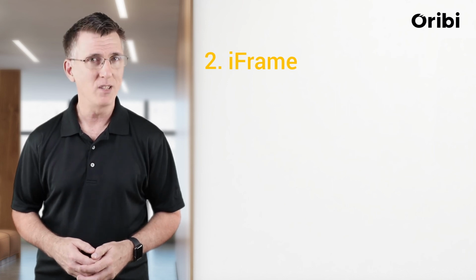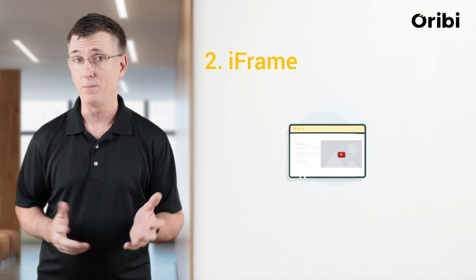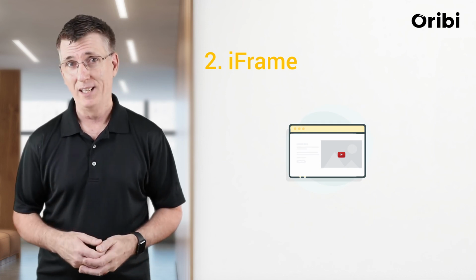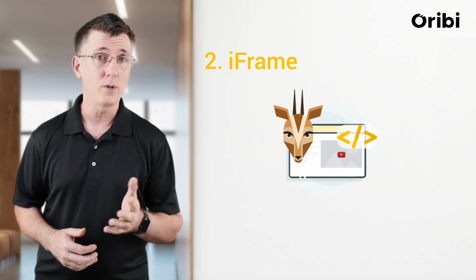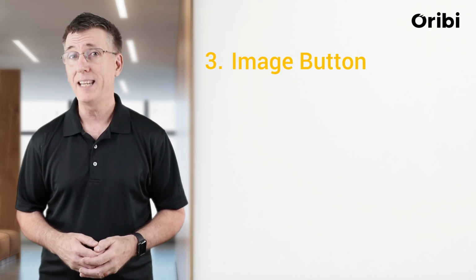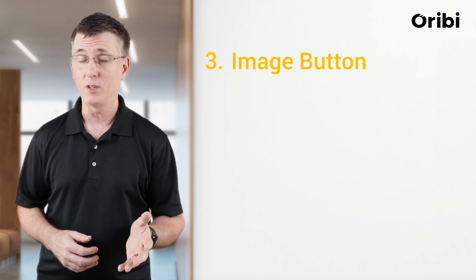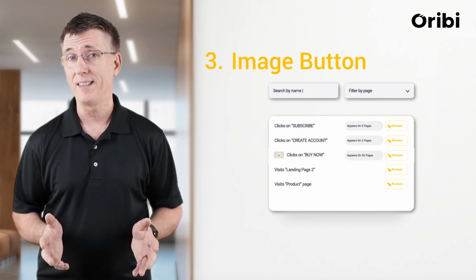Next, some buttons might be a part of an iframe, which is the embedding of a different website, say YouTube, within your website. To track those buttons, either install Oribi on the iframe itself or create a custom event. And finally, the button might be an image, which means Oribi won't be able to detect its label. Try scrolling through the buttons list until you find the image.